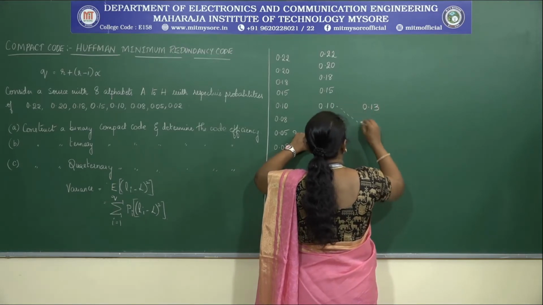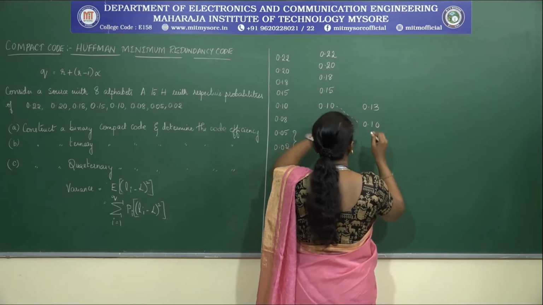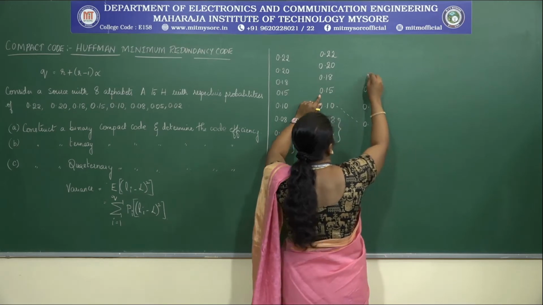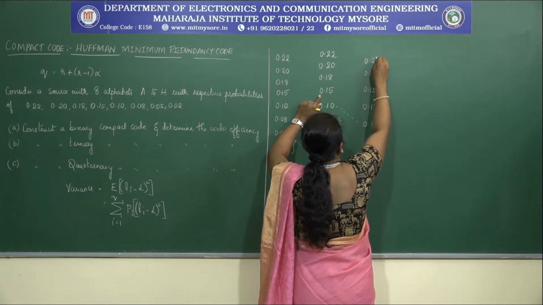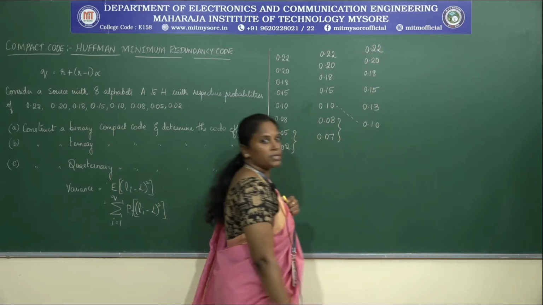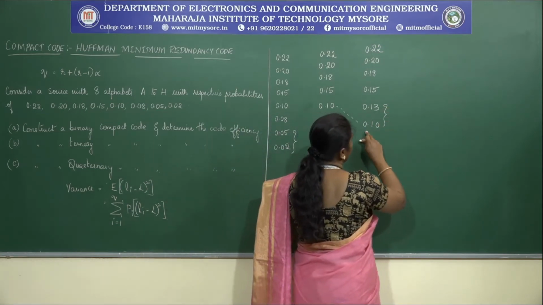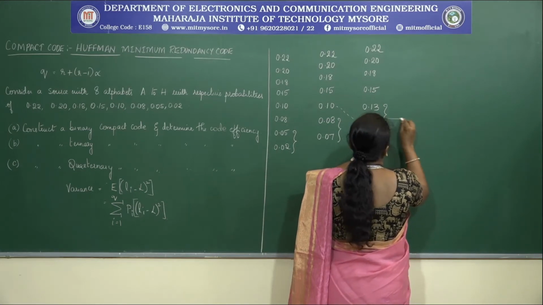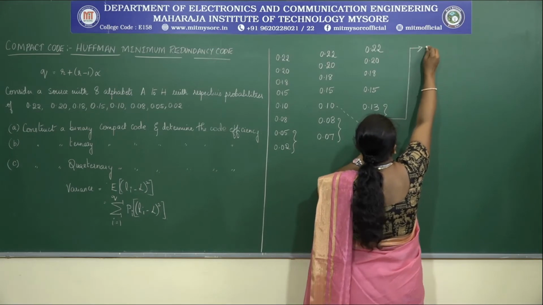Which is greater than 0.10, so place this probability below. Then 0.15, 0.18, 0.20, then 0.22. Next combine these two. We will get 0.23, which is greater than 0.22, so place it above.